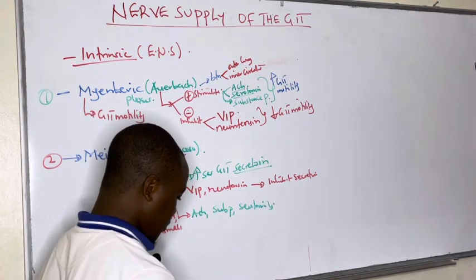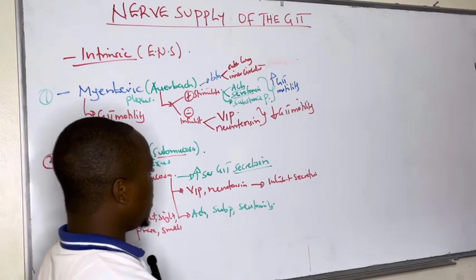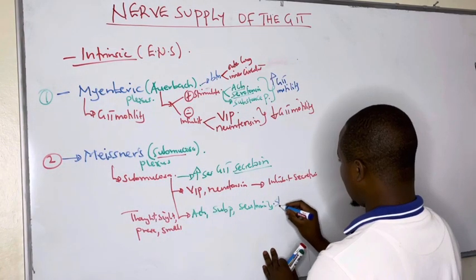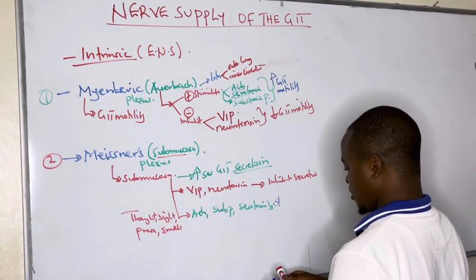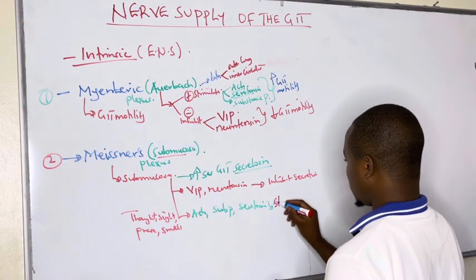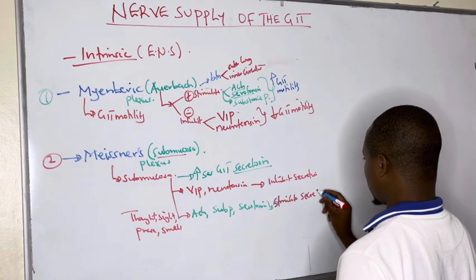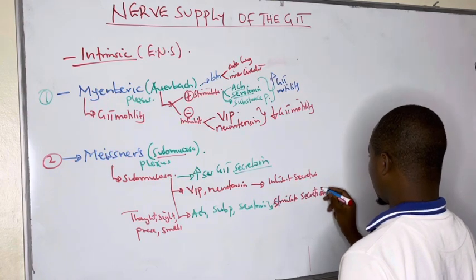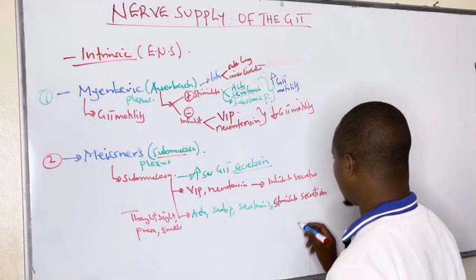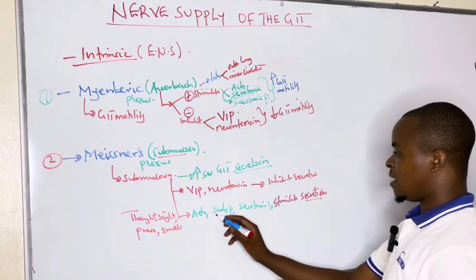These ones stimulate GIT secretions, whereby gastric juice can be produced, intestinal juice, all of them are triggered by this.